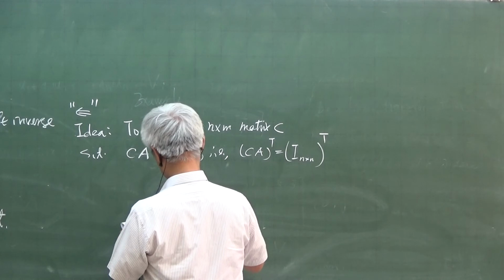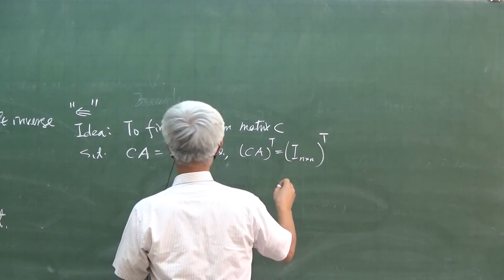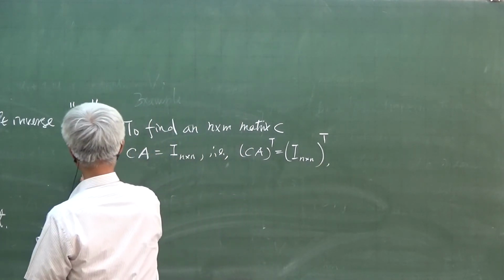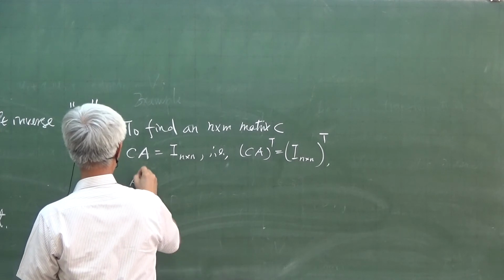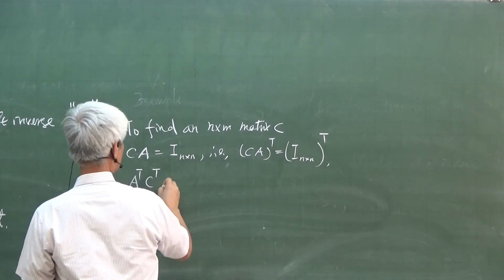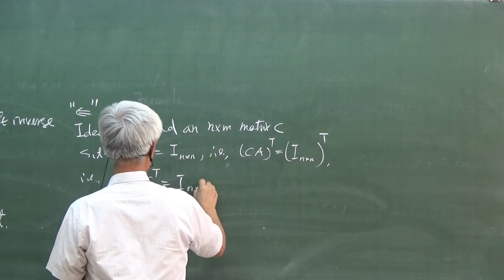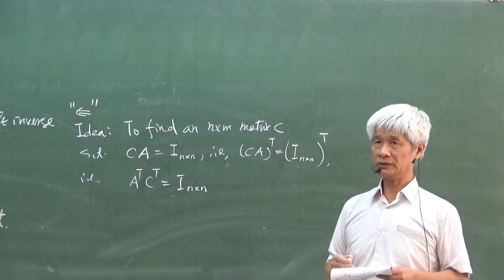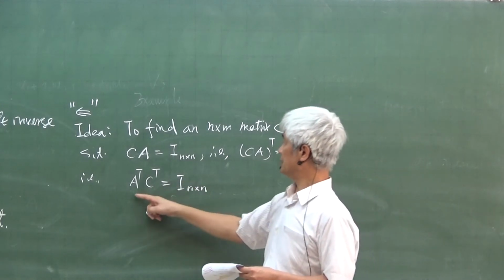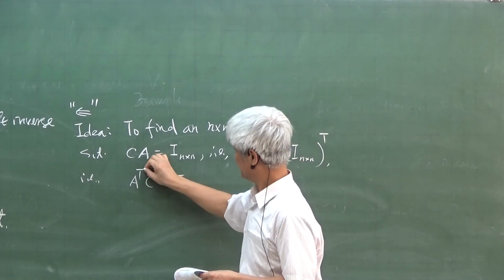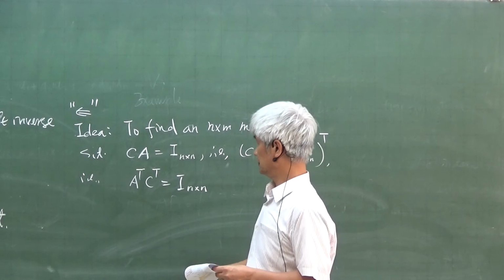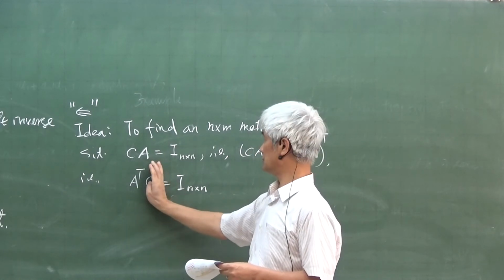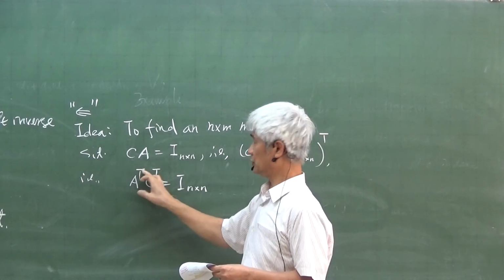And this is A transpose C transpose equal to the identity, because the transpose of the identity matrix is also the identity matrix. Now we have C transpose unknown, and A transpose is known.